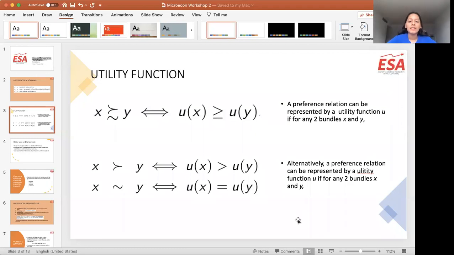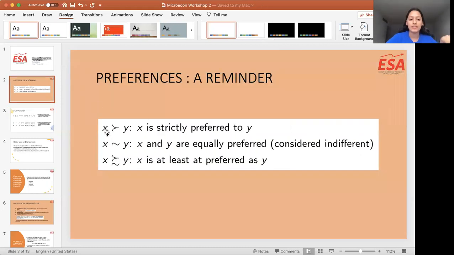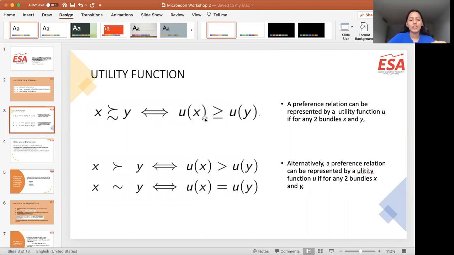It's pretty similar when we talk about utility functions and when we do the symbols, except now you have a U at the start before the X. So here it's just X is strictly preferred to Y, but here it would be the utility of X is preferred to the utility of Y. You can use it to explain preference for two bundles.